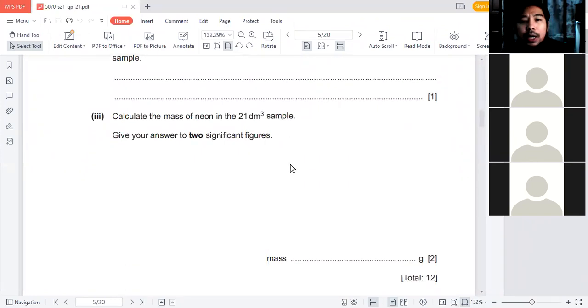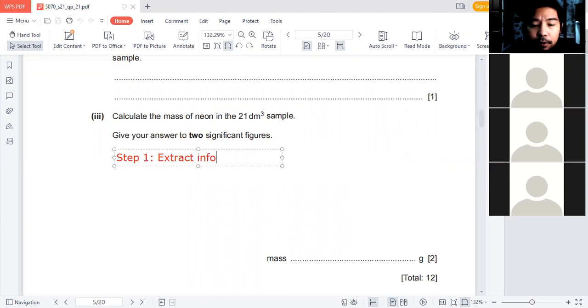So 1 mole is equal to 24 dm cube. So basically the first step, macam saya pun lupa. Step 1, extract info.